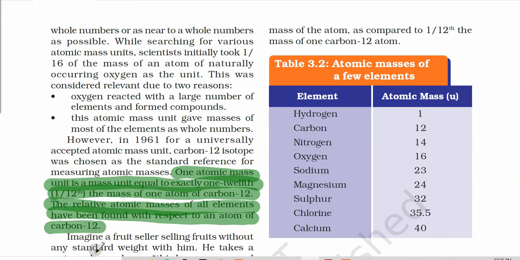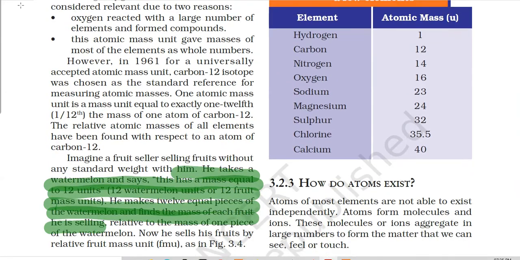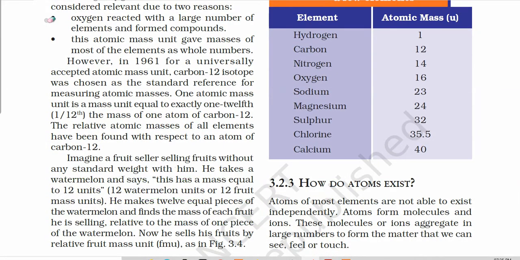You can imagine a fruit seller who is selling fruit without any standard weight with him. He takes a watermelon and says that this has a mass equal to 12 units, meaning 12 fruit mass units.